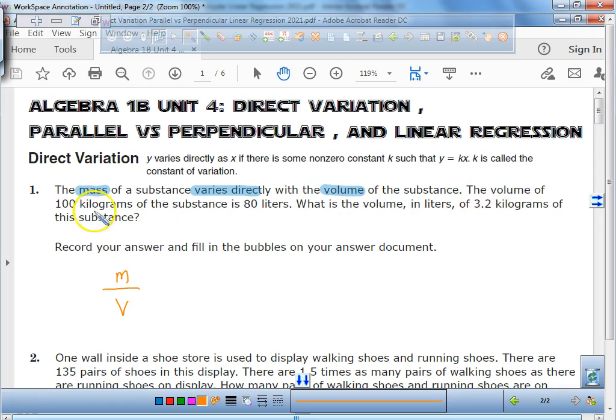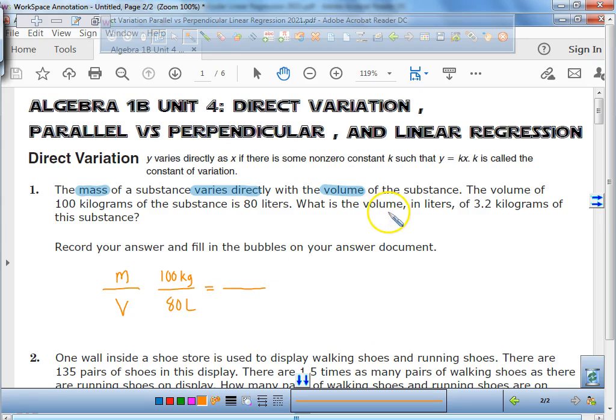The volume of 100 kilograms, what is 100 kilograms? Is that dealing with volume or mass if you're dealing with kilograms? Mass. So I want you to put 100 kg over a substance that has 80 liters. What's 80 liters deal with? Volume. So put 80 capital L for liters.